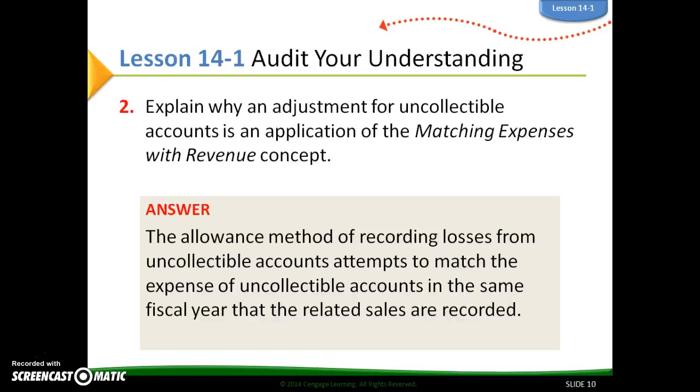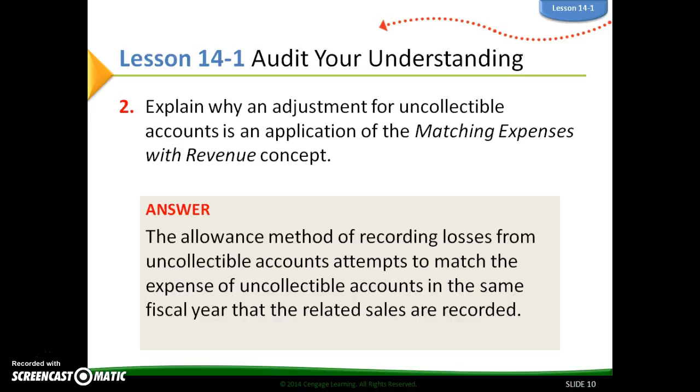This allowance method of recording losses really attempts to match up the expense for any accounts that are going to be uncollectible in the same fiscal year that the sales are recorded, realizing that we are not going to end up writing these balances off for months into the future, potentially even 3 months from now.